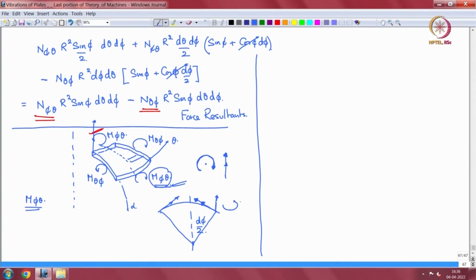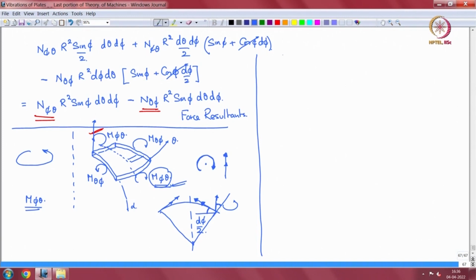Okay, so we said this rotation is positive. We will stick with that. So m phi theta will give you that rotation, and I am looking for the vertical component. So this is d phi by 2, so I am looking at the sine component of it.